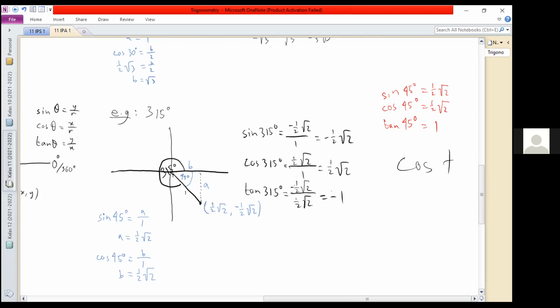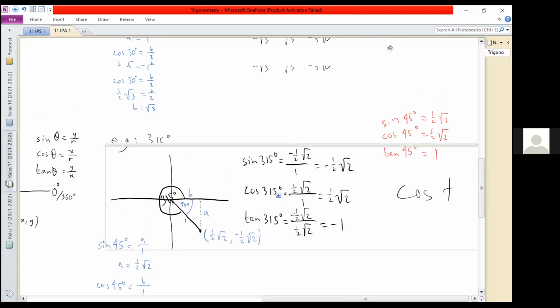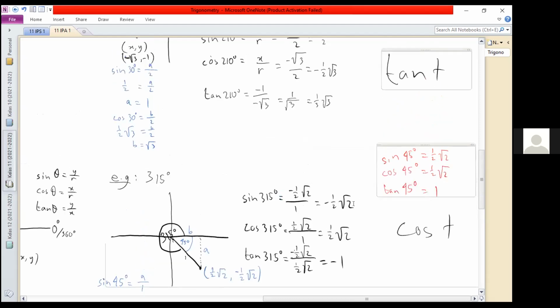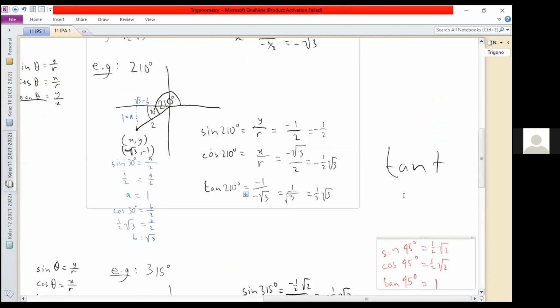So to find the sine, cosine, and tangent of 315 degrees, first we need to know the values of sine, cosine, and tangent of 45 degrees, and second, the sign, whether it is positive or negative. The same thing applies for angles in other quadrants.